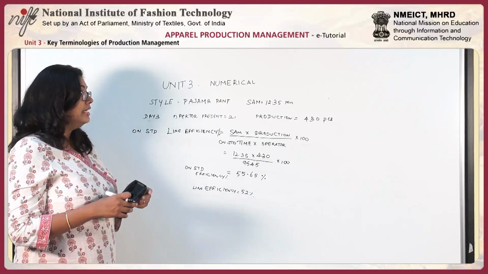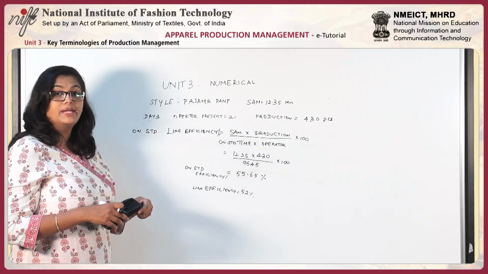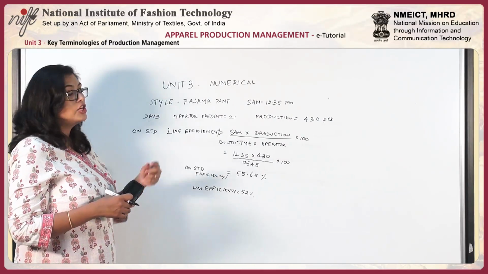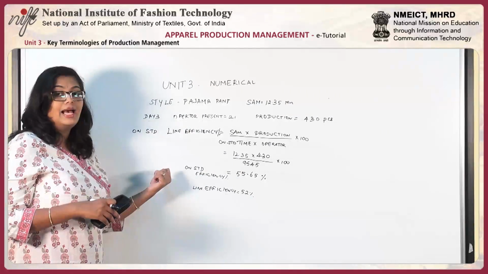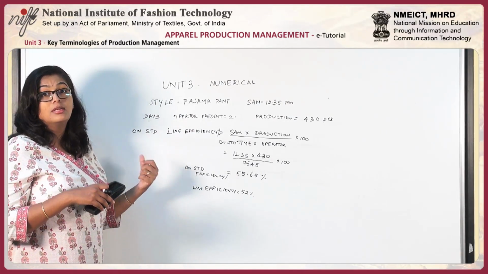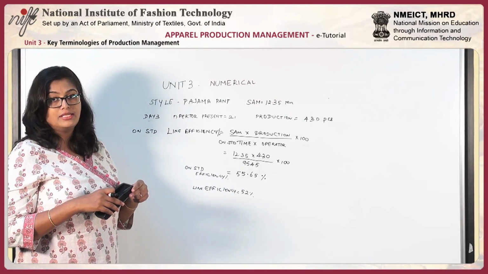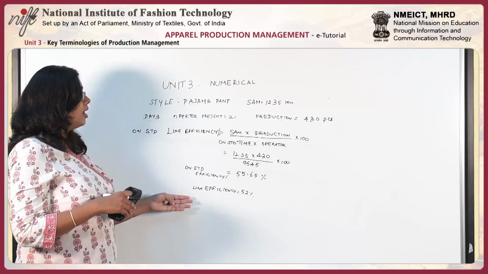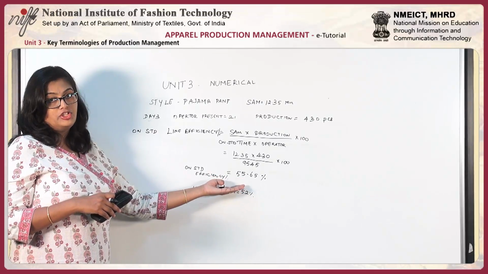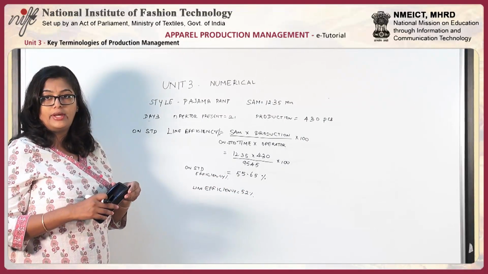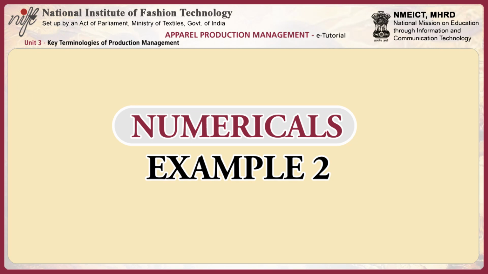Now we also need to see that the number of operators has reduced and the production has also reduced. So in the current scenario, the line has not been able to produce for the target 70% efficiency and has dropped down to 52% efficiency, with an on standard efficiency of 55.65%.